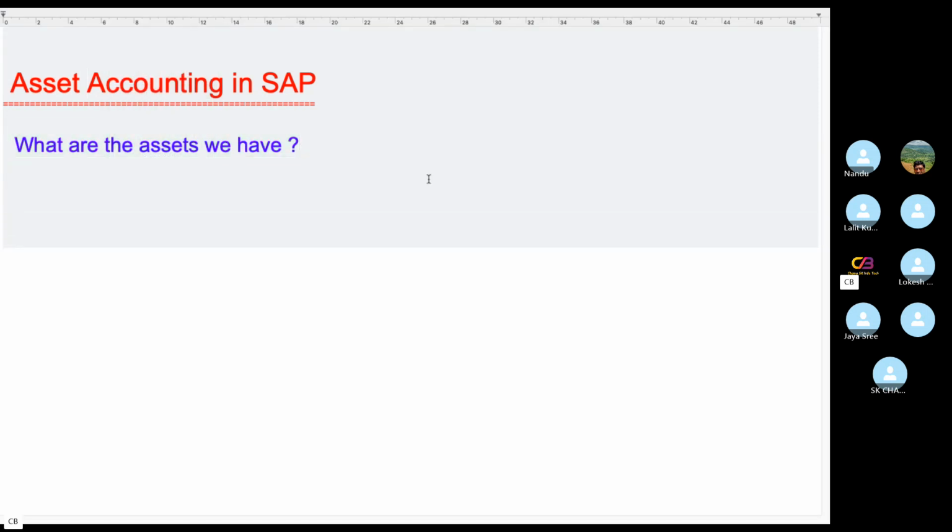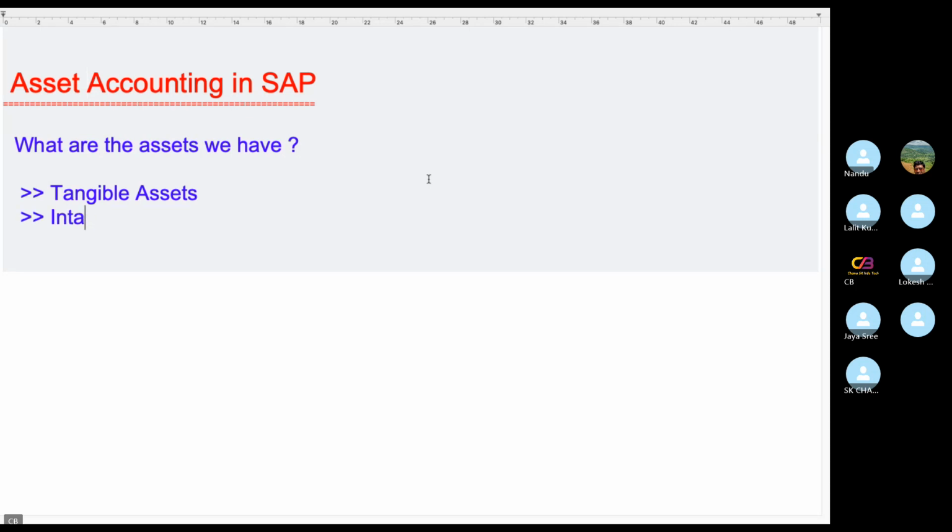So there are two types of assets, right? Tangible assets or intangible assets. Tangible means which we can feel and touch.